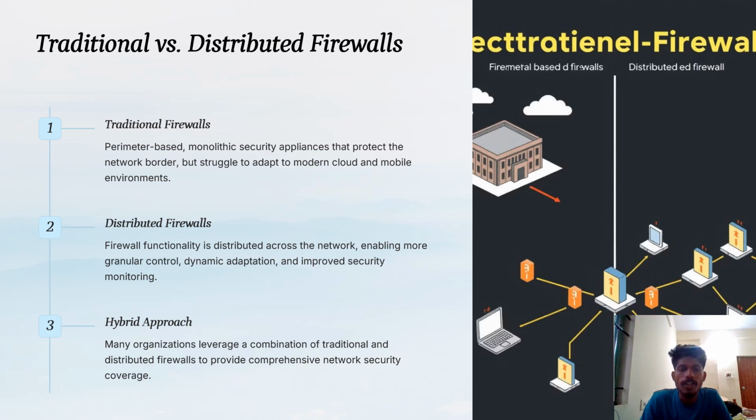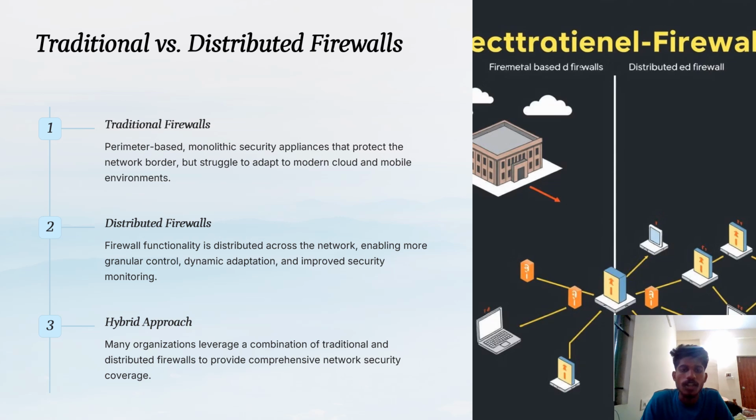Now, after a small introduction about distributed firewalls, let us move towards traditional versus distributed firewalls. Now let us understand what traditional firewalls are. Perimeter-based monolithic security appliances that protect the network border but struggle to adapt to modern cloud and mobile environments.